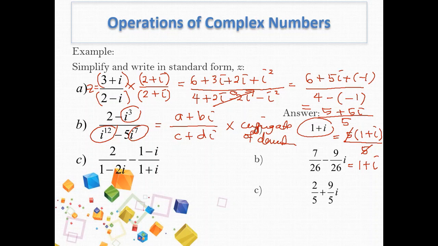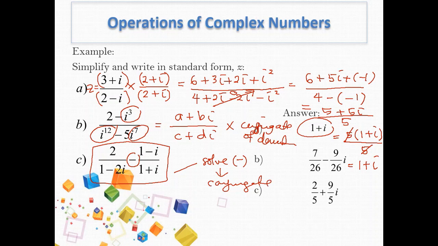For this one, you have fractions, you have two divisions, and you also have the subtraction. So you have 2 ways here. Whether you solve the minus operation first and then follow with the multiplication of the conjugate. So this is the first choice.